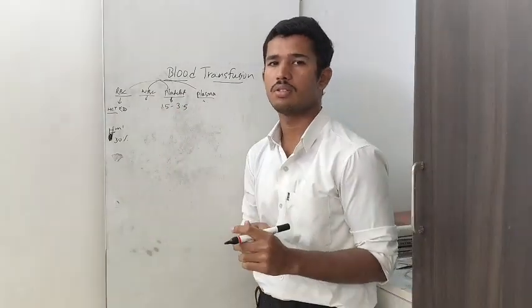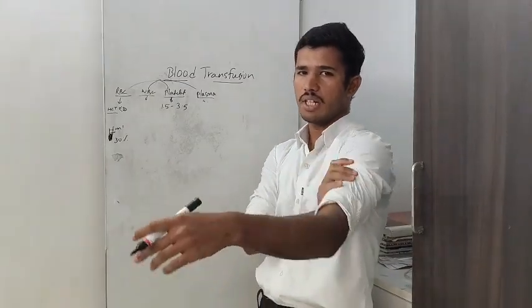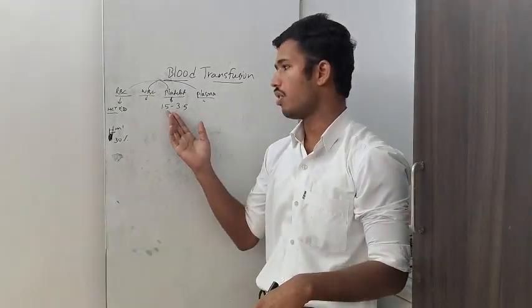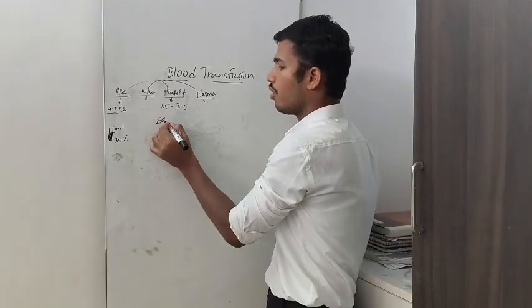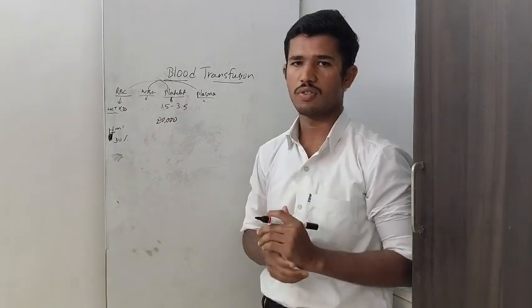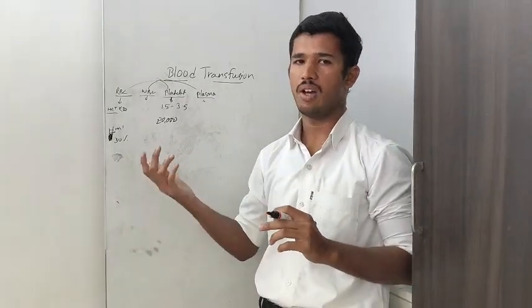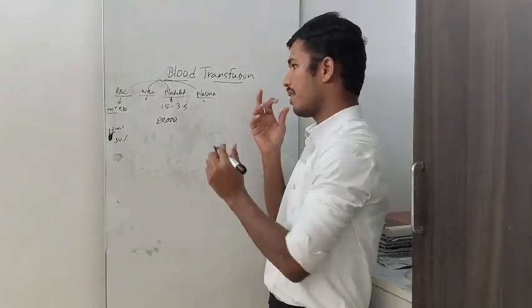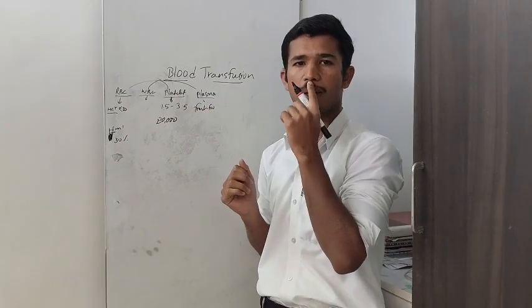If it is below 20,000, only then do we transfuse the platelets. And the plasma, to give a sudden increase in blood value, is called fresh frozen plasma. We'll talk about it later.